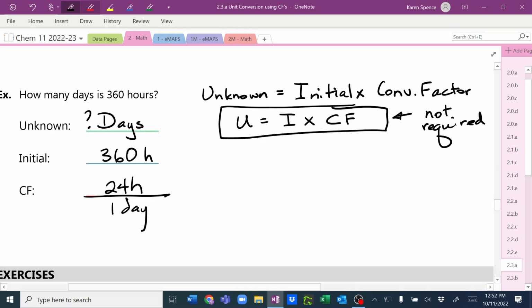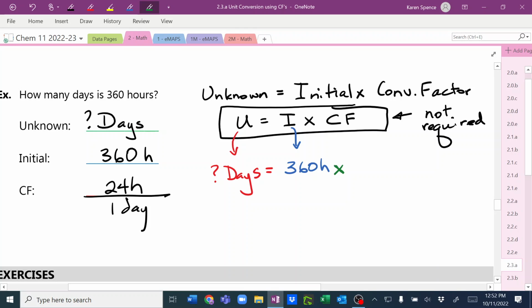But we're going to use it because we're going to say, what is my unknown? Well, I don't know how many days, is equal to my initial quantity, which is 360 hours, times my conversion factor.